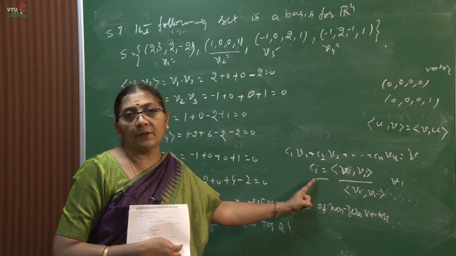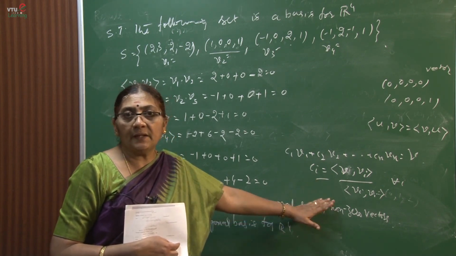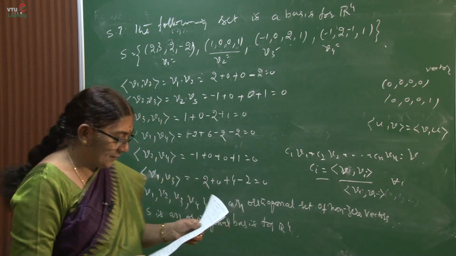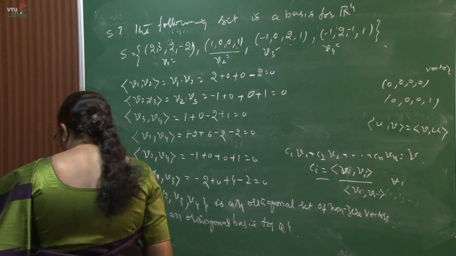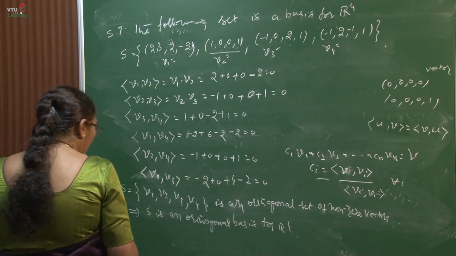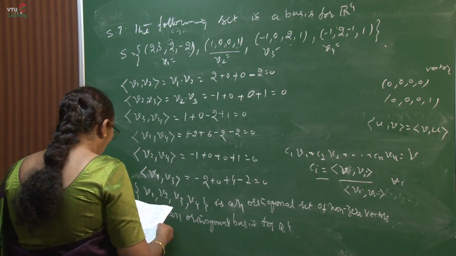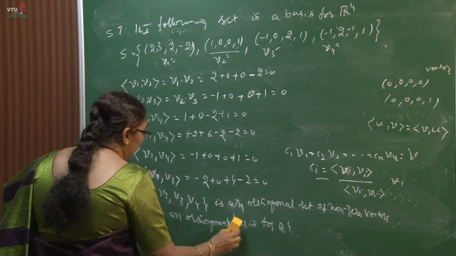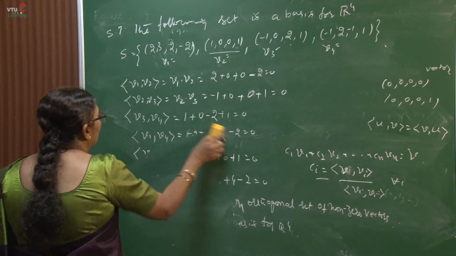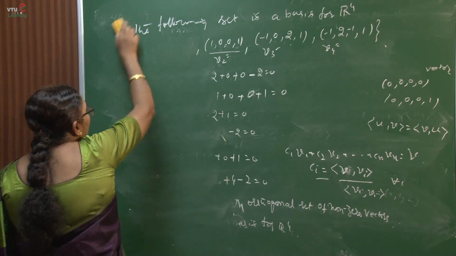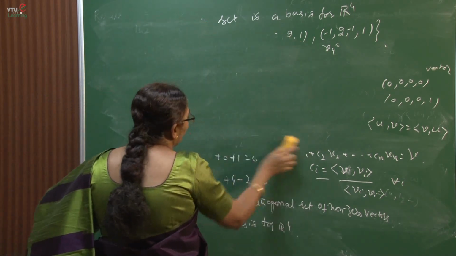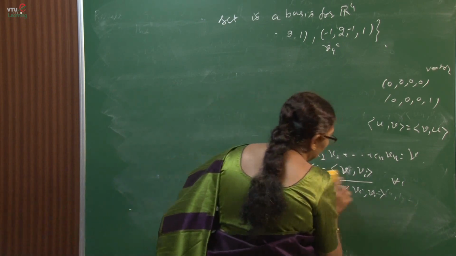Then we use this as an alternative formula. I think it's clear to everyone. We are moving to the next concept. But before that, I am going to take one more problem, on what I just explained: how to express any vector as a linear combination of other vectors using this formula.